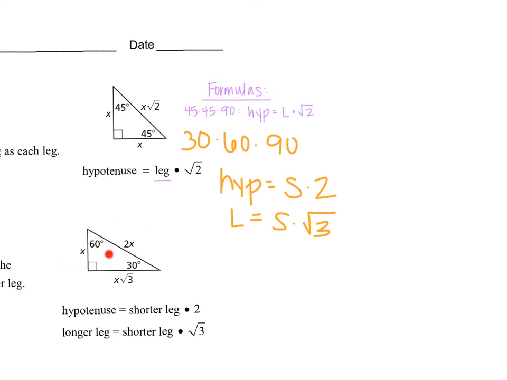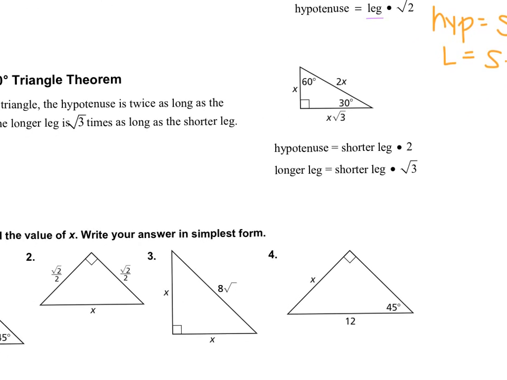The hypotenuse is 2 times that shortest leg, and the longer leg is radical 3 times that shortest leg. All right, so let's try an example.